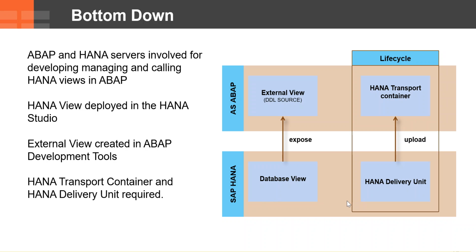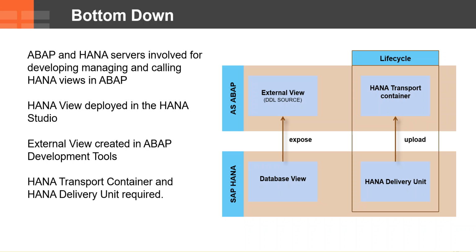And to transport anything from the ABAP layer to the HANA layer, you should use HANA transport container and HANA delivery unit. You should use them to transport from one system to another system. That means that when I showed you in introduction to HANA Studio, you create a package and you create a delivery unit.